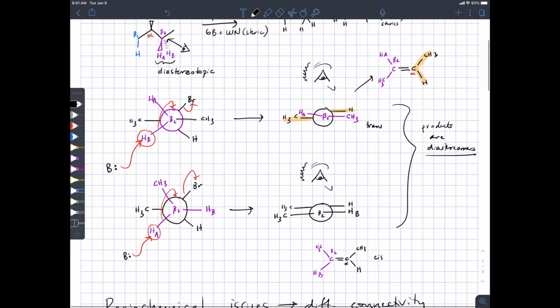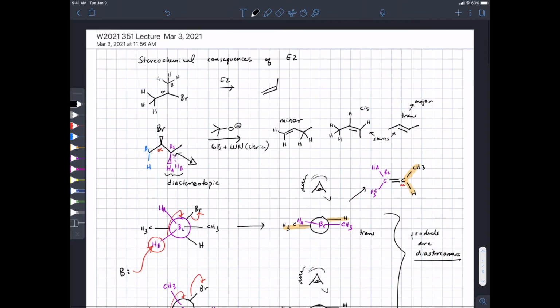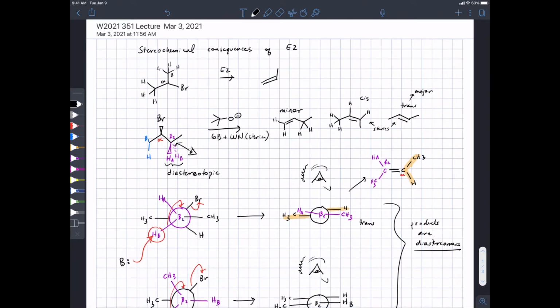So if the monosubstituted is a minor and the trans disubstituted is the major, would the cis disubstituted also be a minor, or would they be ranked 1, 2, 3? Okay, the question is, do you need to rank all 3 products? Can you actually predict that? I don't know actually how well that works. I would not expect you to rank 1, 2, and 3.